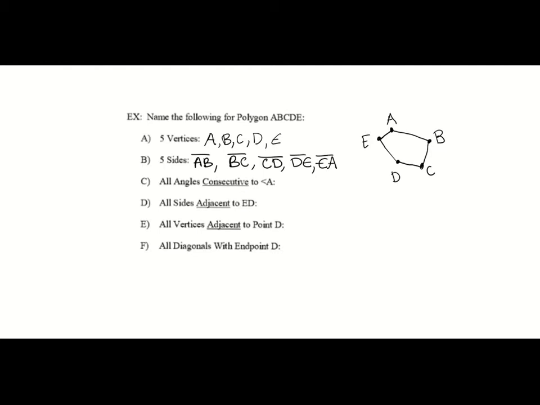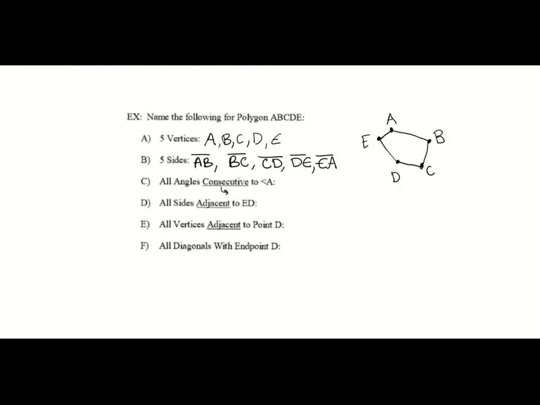It then asks for all angles that are consecutive to angle A. Consecutive means that the angle or the vertices share the endpoint of the same side.